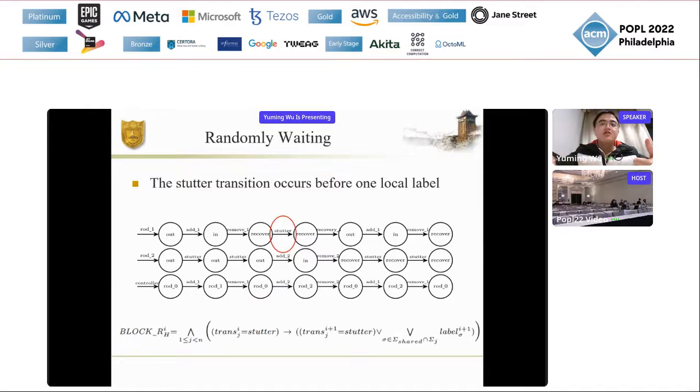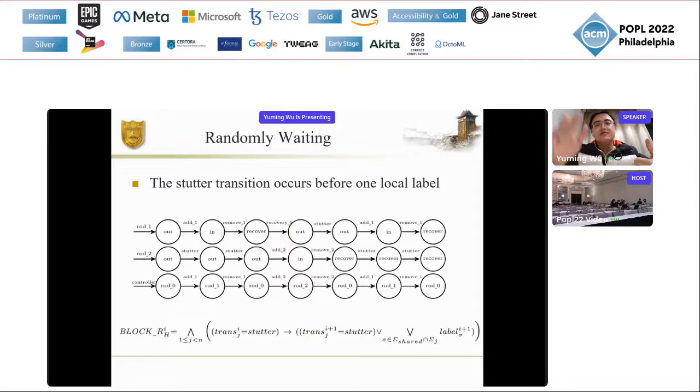So we set up the third blocking rule. It requires that a stutter transition is allowed if and only if its next label is a shared label or a stutter. To satisfy this rule, the path should swap the position of the stutter and the local label recovery 1.